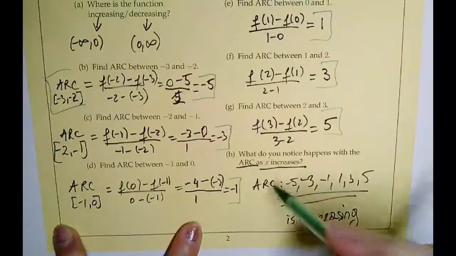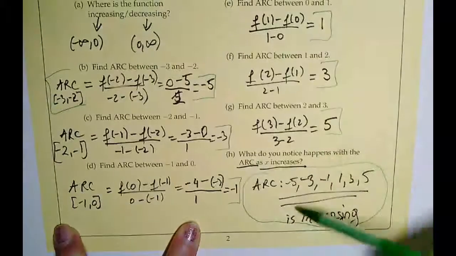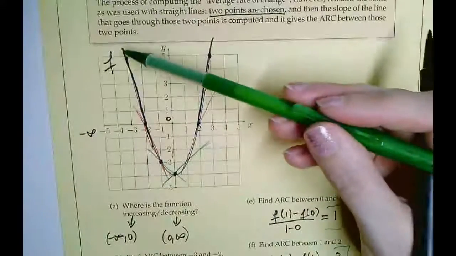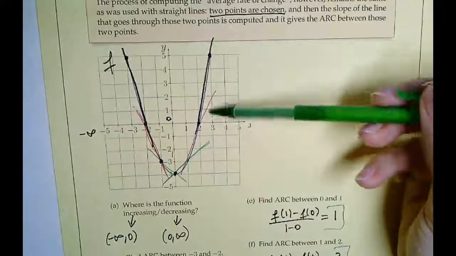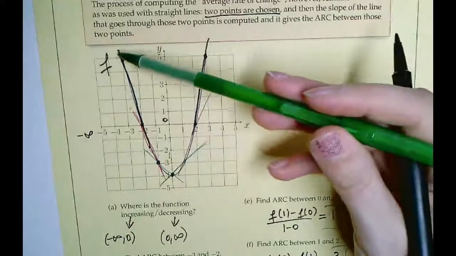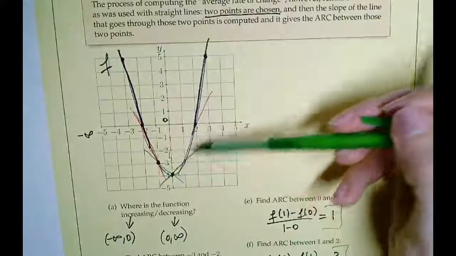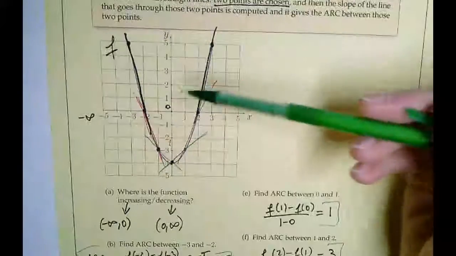The function itself was both decreasing on one portion and increasing on the other, but the average rate of change was increasing the whole time. I hope that makes sense.